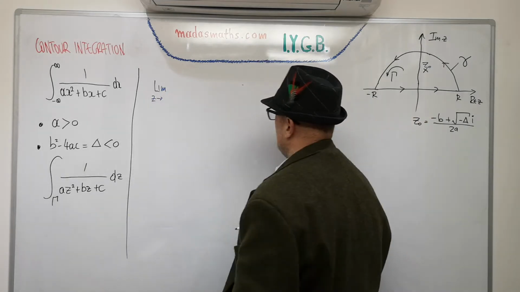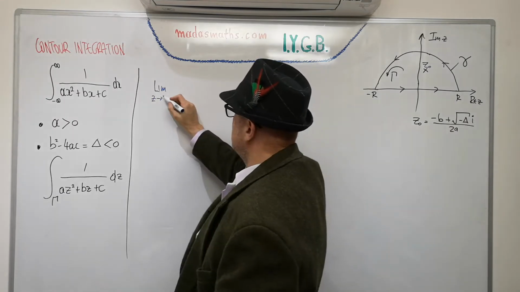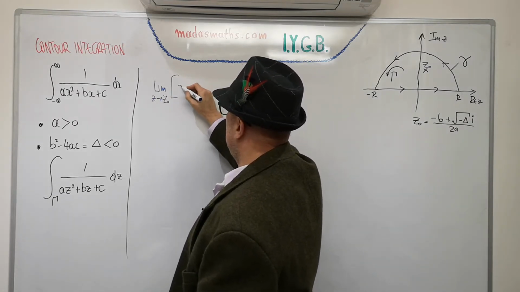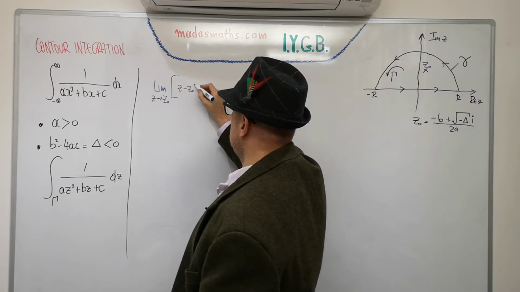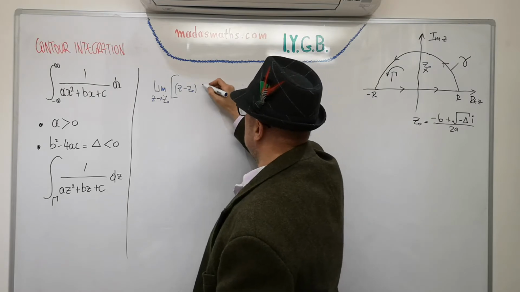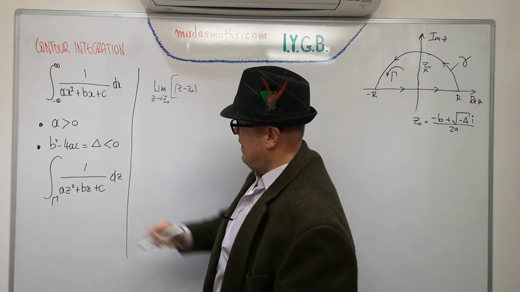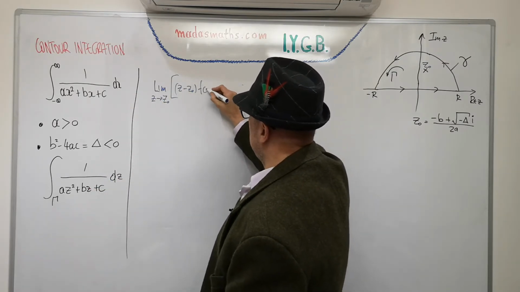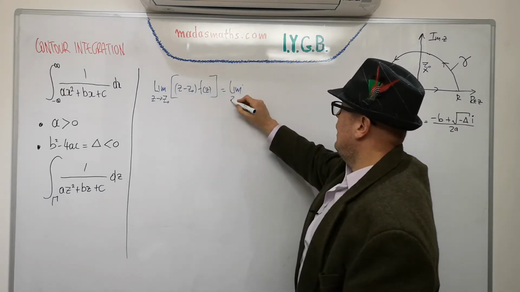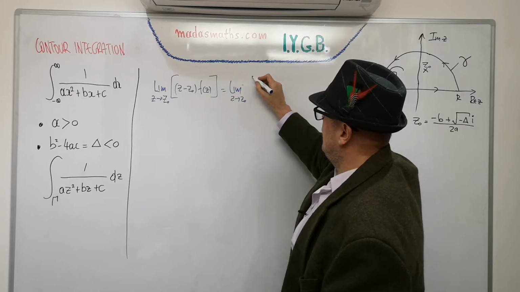That's why I label it z0, because I don't want to write all of this down. It's of course z minus z0 times my f of z, which is going to be 1 over this. Let me write it on the next line, times f of z, the limit as z tends to z0.